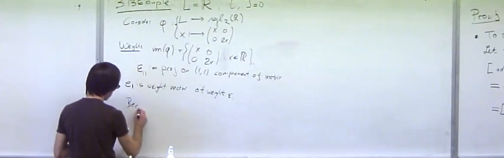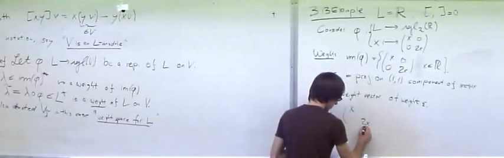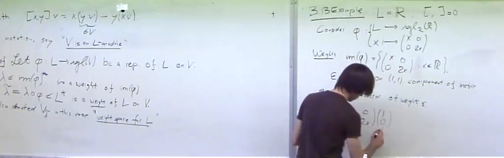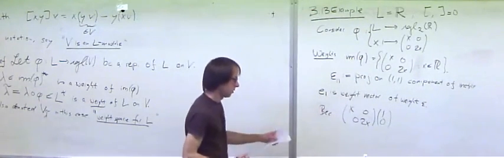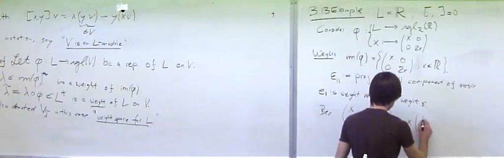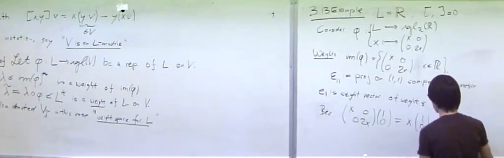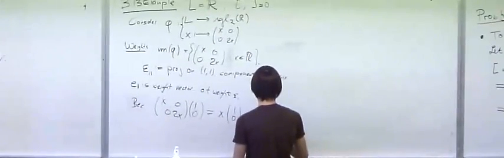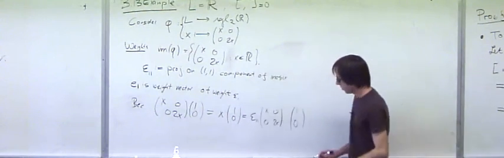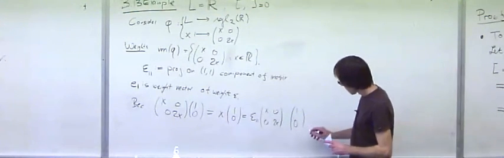Well, why? How do I verify it? I just take such an element of the image and apply it to the vector, and this gives x times (1, 0). So x is just the 1,1 component of the matrix with entries x, 0, 0, 2x, times the vector. So this is the property this has to fulfill.